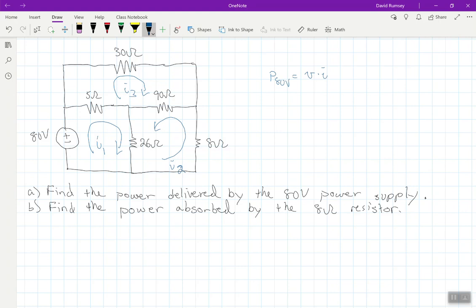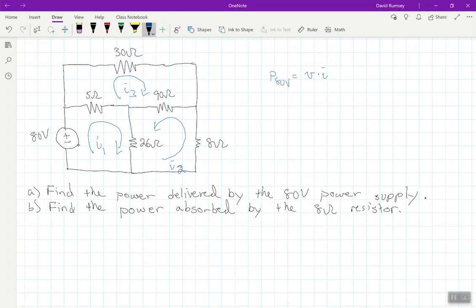The other option would be to find the power dissipated in every single resistor, but that seems like a lot of extra work because if I look at this, how many branches are touching this power supply? And when I say branches, I should say how many loops are touching this power supply. Well, there's only one loop, I1. So the current through this 80-volt power supply is just I1, or the current being delivered is simply I1.